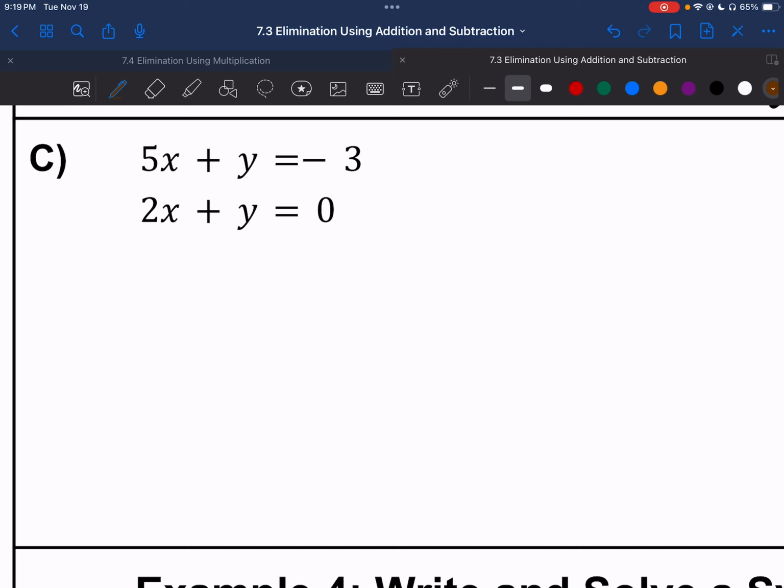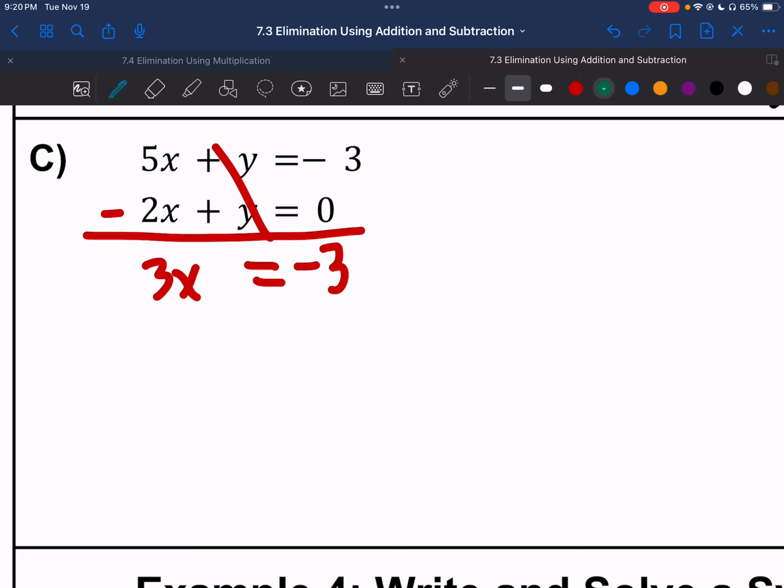All right, so I see that my y values are both the same, so I'm going to subtract the second equation. 5x minus 2x is 3x. Y minus y is 0. And negative 3 minus 0 is negative 3. I'm going to go ahead and divide both sides by 3. X is equal to negative 1.